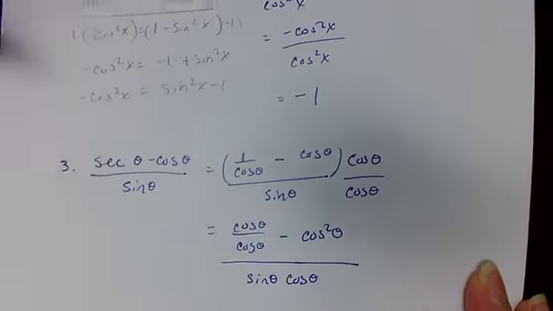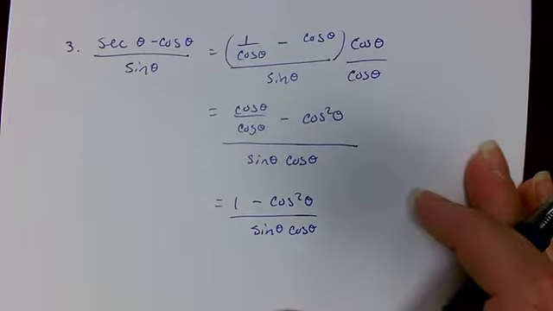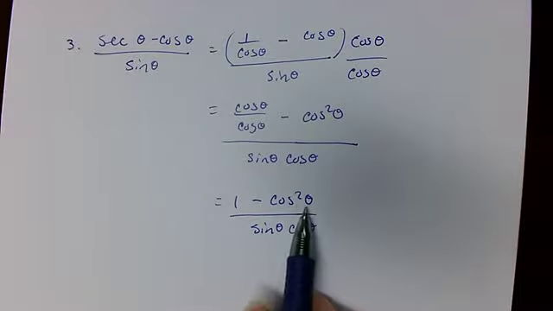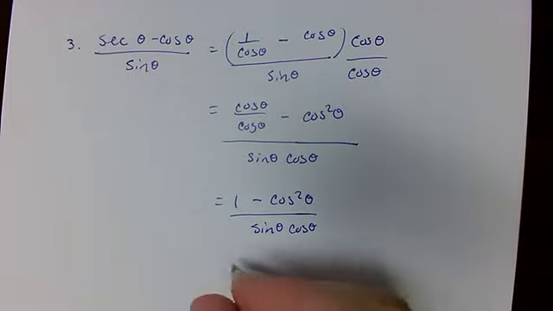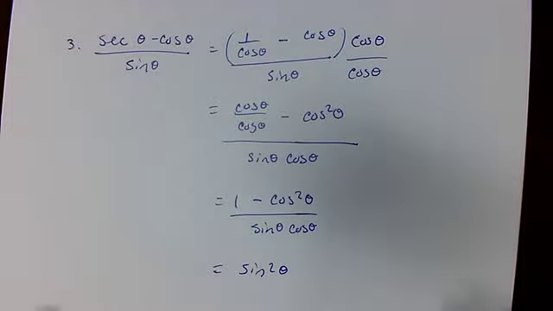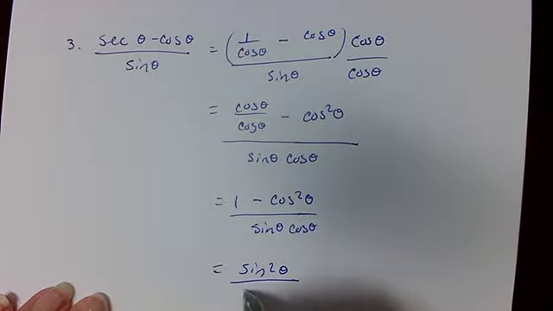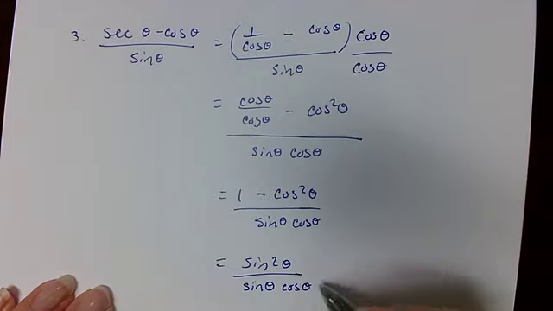So now I'm looking at what can I do with this? Well, 1 minus cosine squared theta is equal to sine squared theta through the Pythagorean identities, all over sine theta times cosine theta.